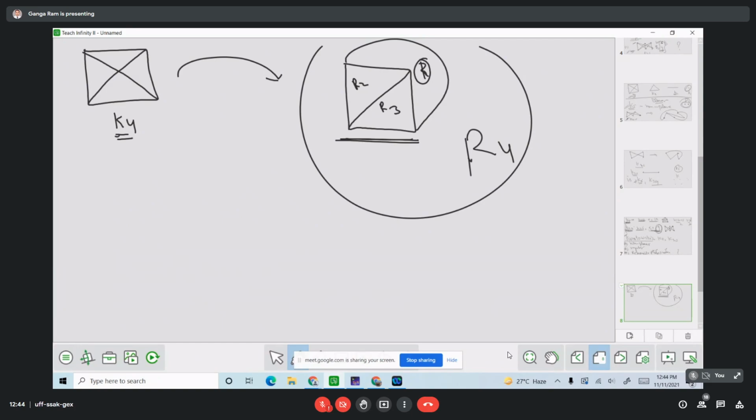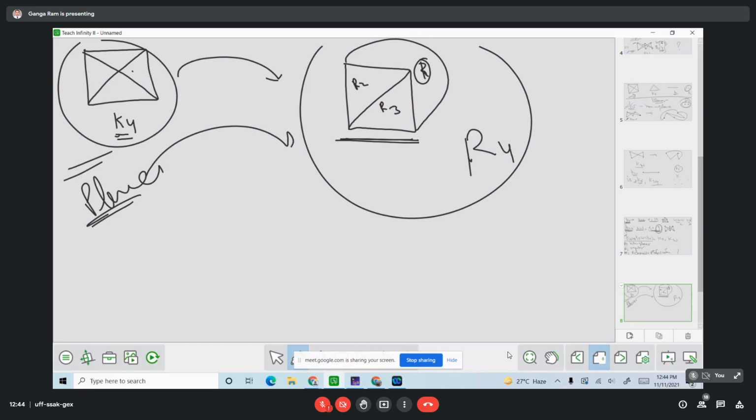Clear? So a plane representation of a graph always divides the plane into many parts. In this case, we cannot decide which one is the region, because in this case it is not an embedded graph. If an embedded graph exists, it means the graph is a planar graph. Planar graph means we can draw it in this form.